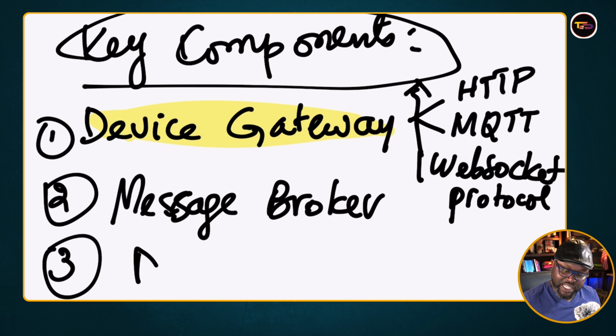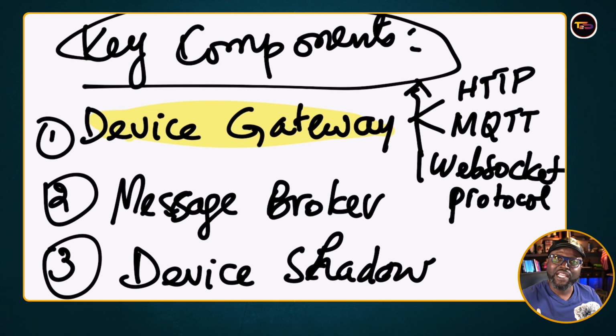The next thing is the device shadow. A device shadow is a virtual representation of each connected device, storing its last reported state and allowing apps to interact with devices even when they are offline. So it's kind of like a caching type of feature.